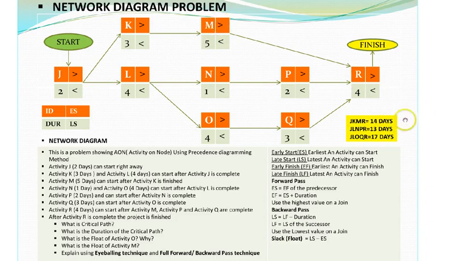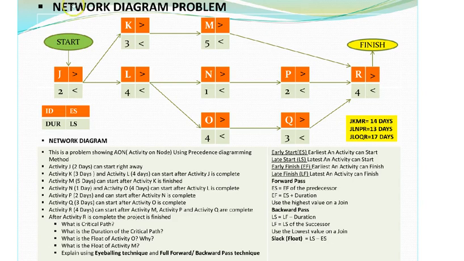So 17 minus 14 is 3 days. So the answer using the eyeballing technique is 3 days. This is the fastest way of finding the float, and the majority of your questions are going to be asked this way. There might be a chance where you have to perform the full forward and backward pass to find the float, but for 90% of the questions you can answer the float using this technique.